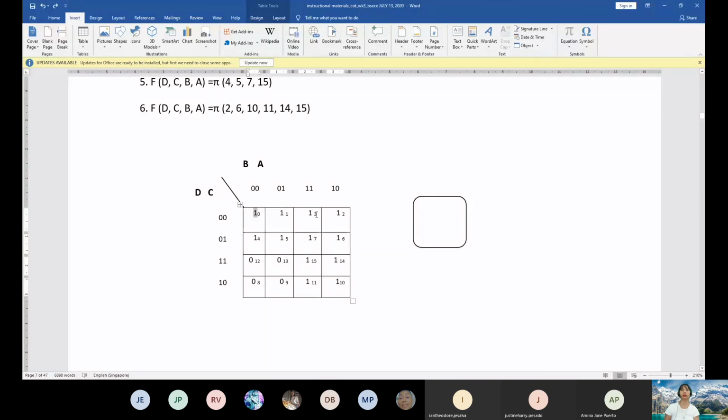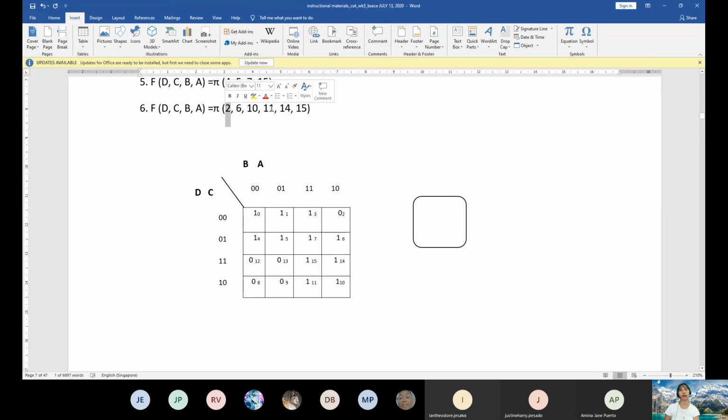The max terms numbers 2, 6, 10, 11, 14, 15 have an output of what? What will be the output of these input numbers, class? So number 6 says function of DCBA, so you have inputs DCBA equal to pi 2, 6, 10, 11, 14, 15. What does this mean? 0. So the input numbers 2, 6, 10, 11, 14, 15 have an output of 0.